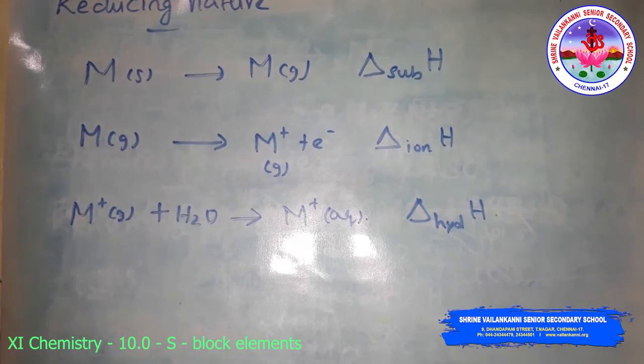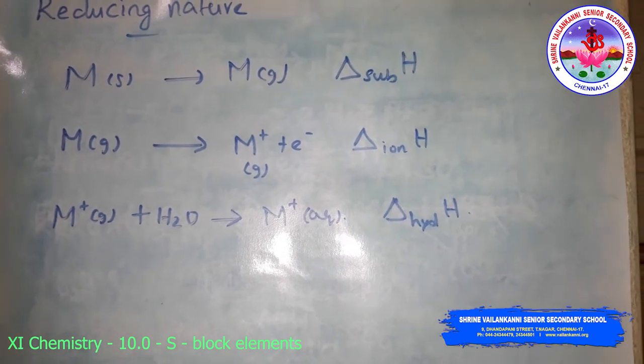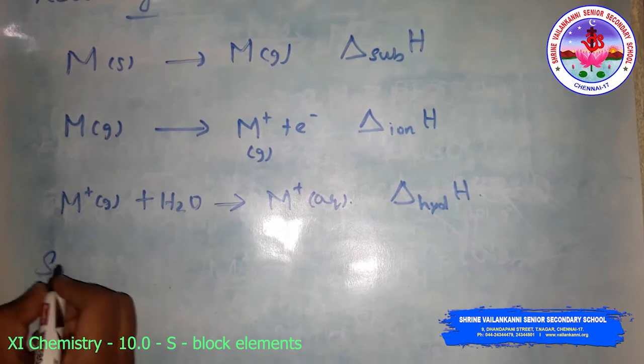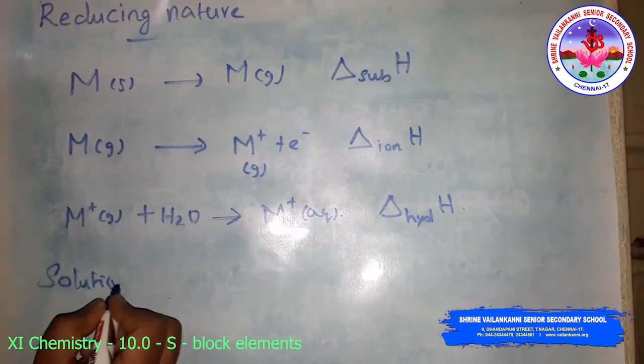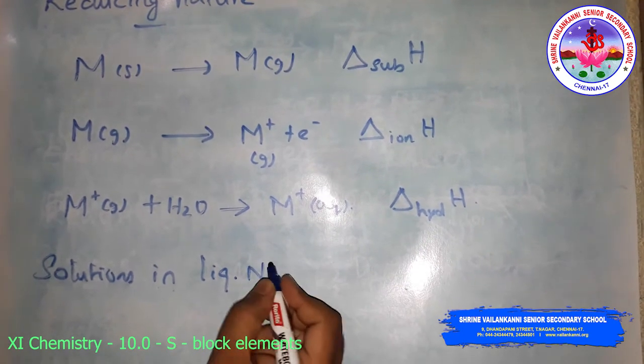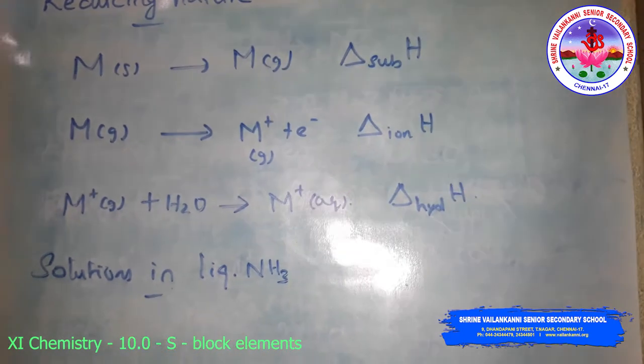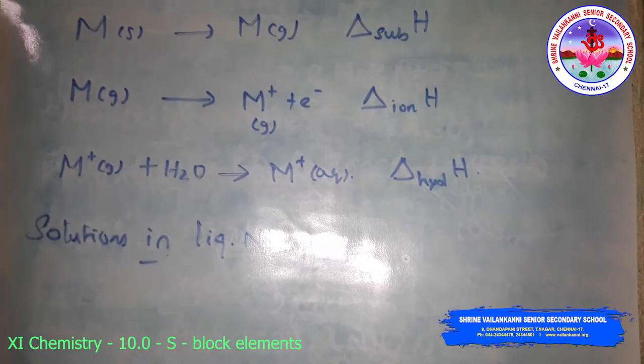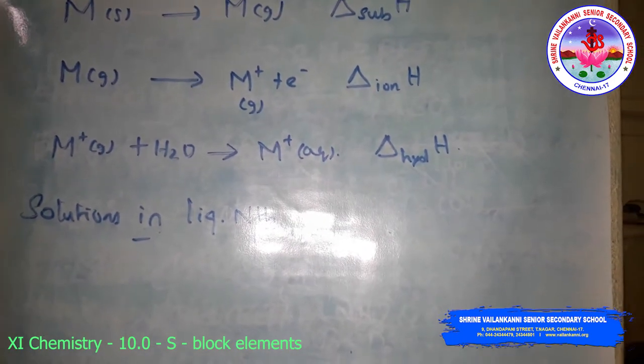Next is the solutions in liquid ammonia. Alkali metals dissolve in liquid ammonia, giving a deep blue solution.